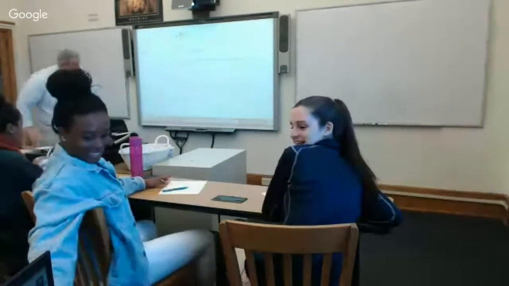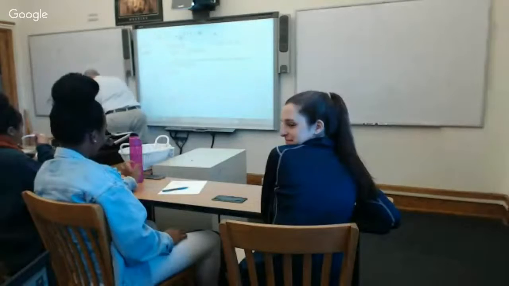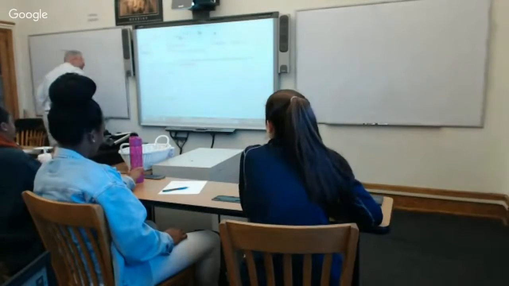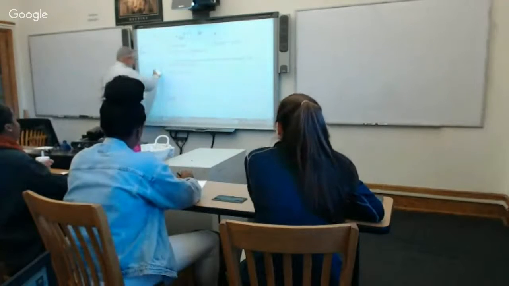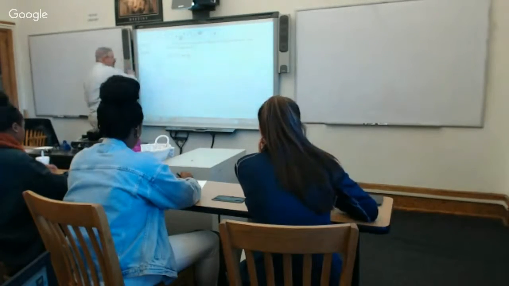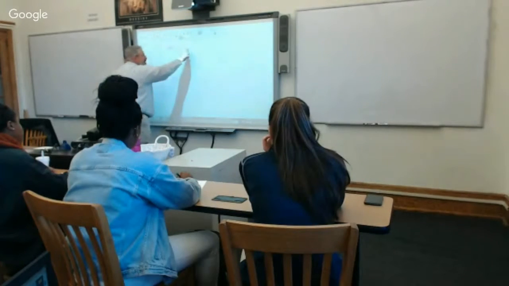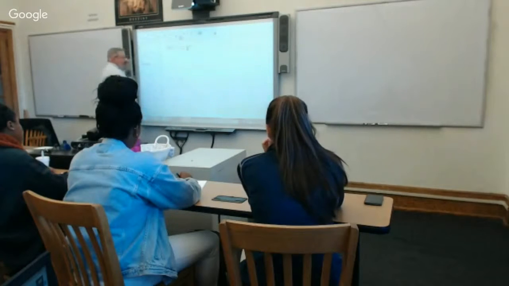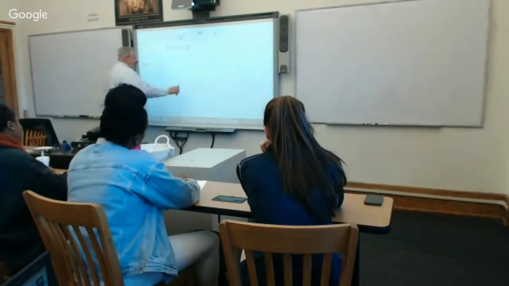Okay, here we are. Let's run through this. We said, what was this one? 0. This one? 1. This one? R. Now this one, we said, was r as well.